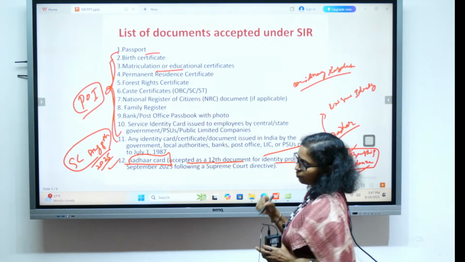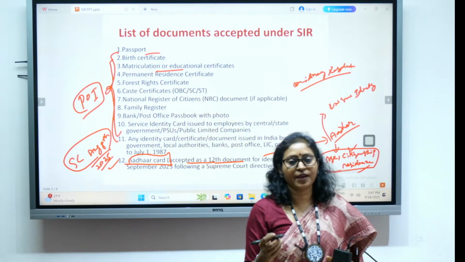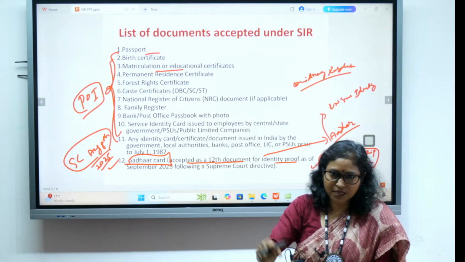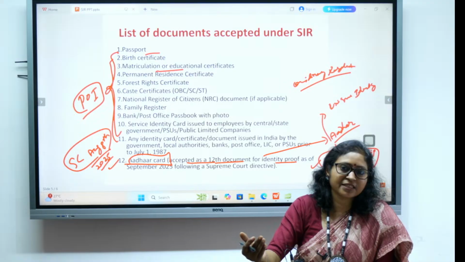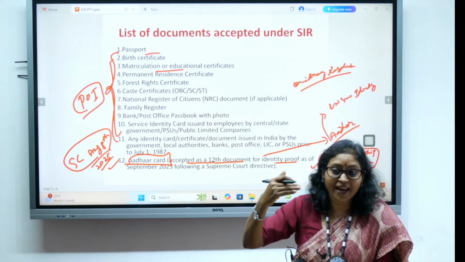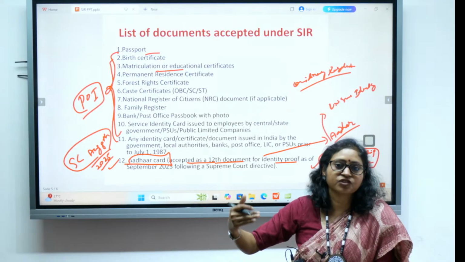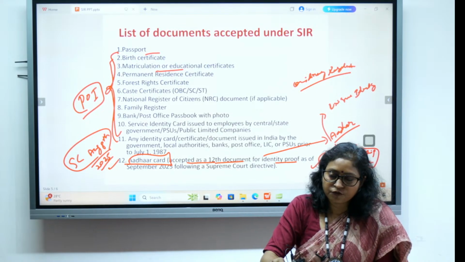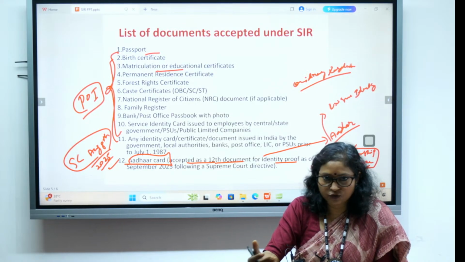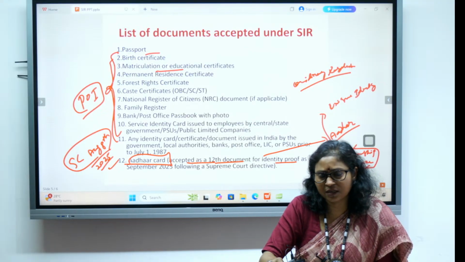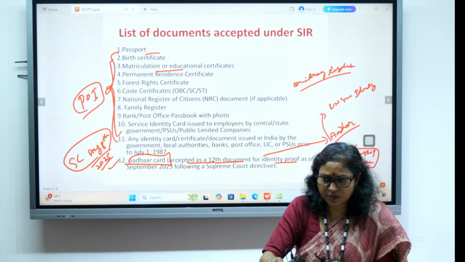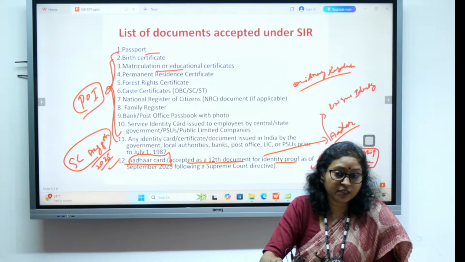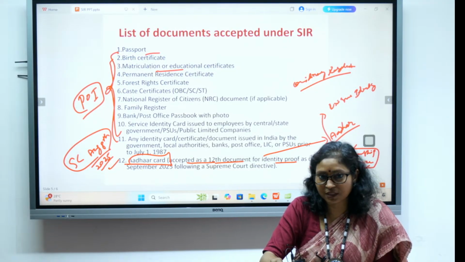Those people who are migrants might face the problem of exclusion because they have been migrating to other places. So they may not be ordinary residents at the place of their birth or where they are registered as electors, because they migrate to several places for jobs, education and so on. Particularly in Bihar, the maximum internal migrations come from UP and Bihar. So that's why the issue is more serious and more sensitive.